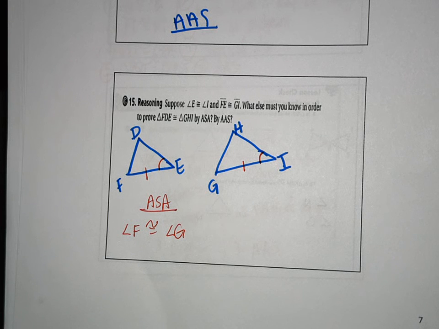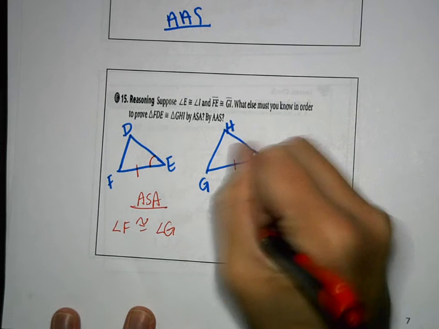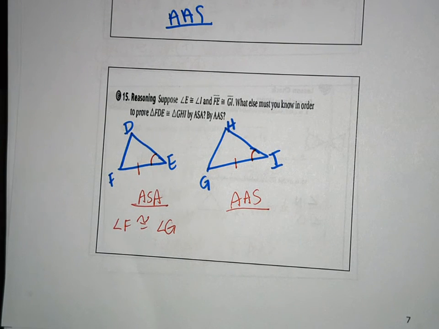So now I'm going to give you a minute to try it on your own. Angle, angle, side. What would you need to do on that one? So do it individually here, and then we'll check your answers. Actually, I'm going to pull a stick. So talk in your groups once you get it, and then we'll pull a stick to see if we got it correct.